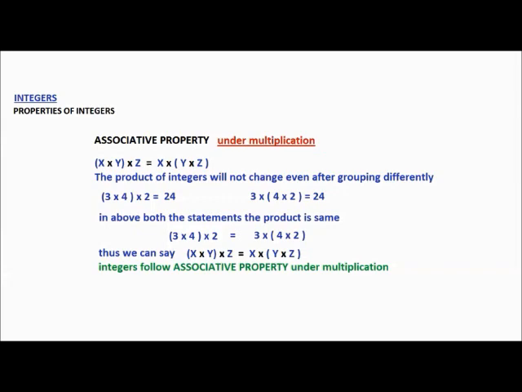And now the other group, 2 into 4, multiplied with 3 is equal to 24. In both the statements, the product is the same. So thus we can say x into y as a group into z is equal to x multiplied by the group y multiplied by z. Integers follow the associative property under multiplication.